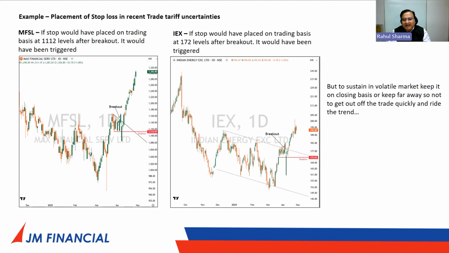The stock went below 1100, in fact all the way down to 1080, and then sprang back right up, and then we saw a very big vertical up move, with the stock going all the way up to 1300 rupees. This is an example where the stock will try to trap the long traders, give a false breakout, and then trigger their stop losses and finally go up. So whenever volatility is high, maintain a closing stop loss.